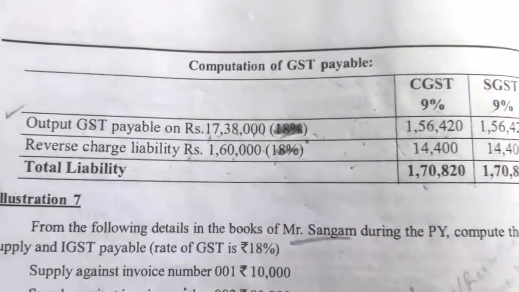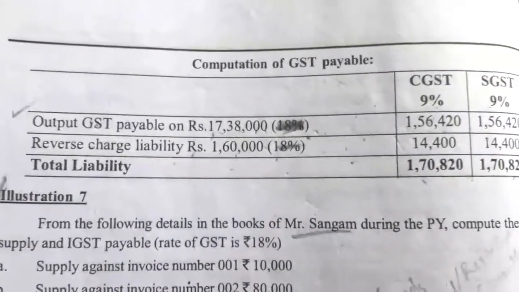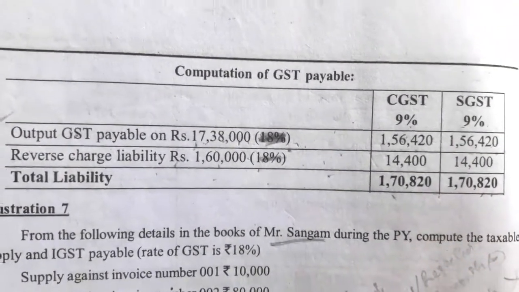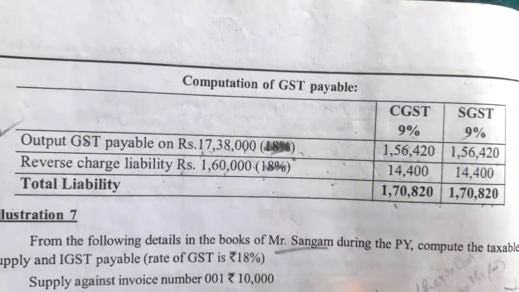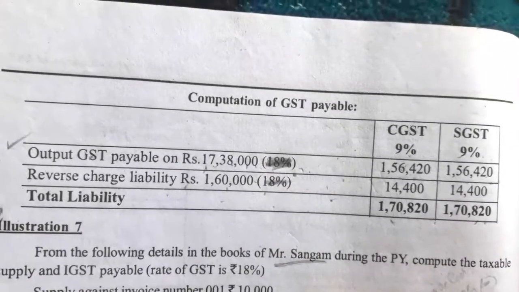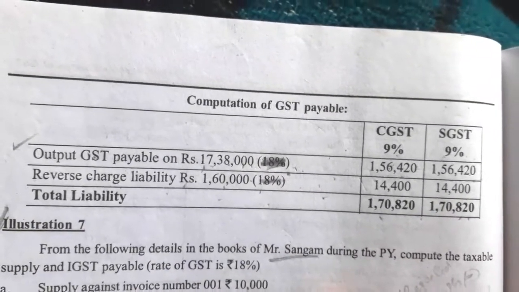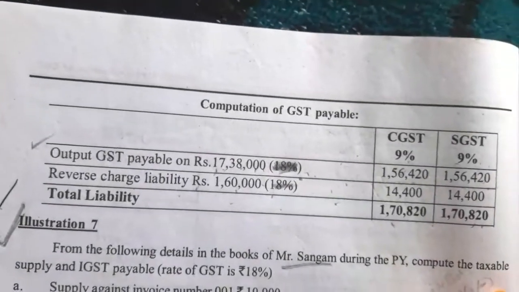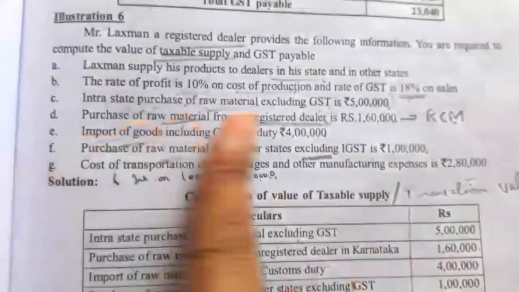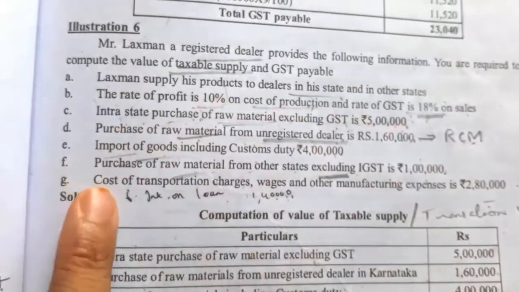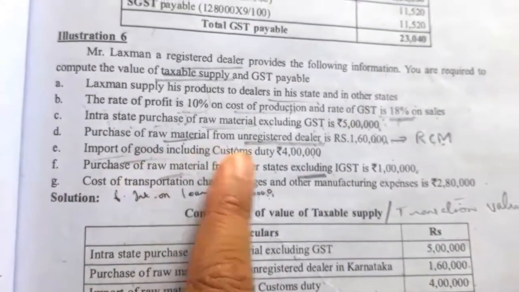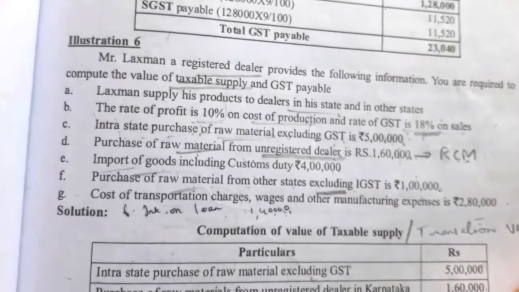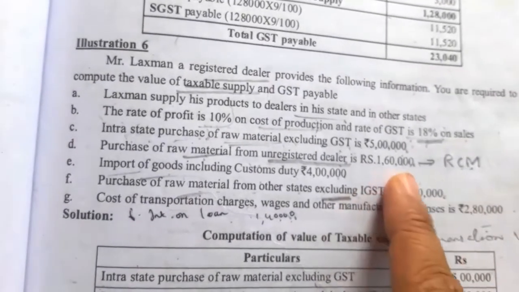So here write a note. It is assumed that supply is made within the state, so CGST and SGST will be applicable. That is the first note. Next, the second note: Mr. Lakshman has purchased raw material from an unregistered dealer for rupees 1,60,000.